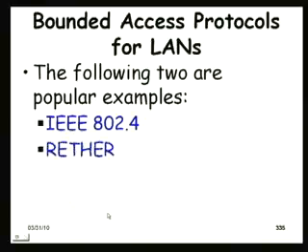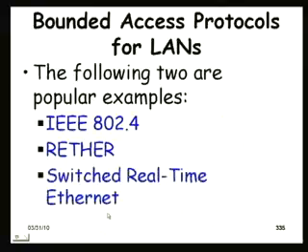Now, we will look at some bounded access protocols, mainly 3 protocols. One is IEEE 802.4. We had seen that 802.5 was a priority based protocol, and then the RETHER and the switched real time Ethernet.